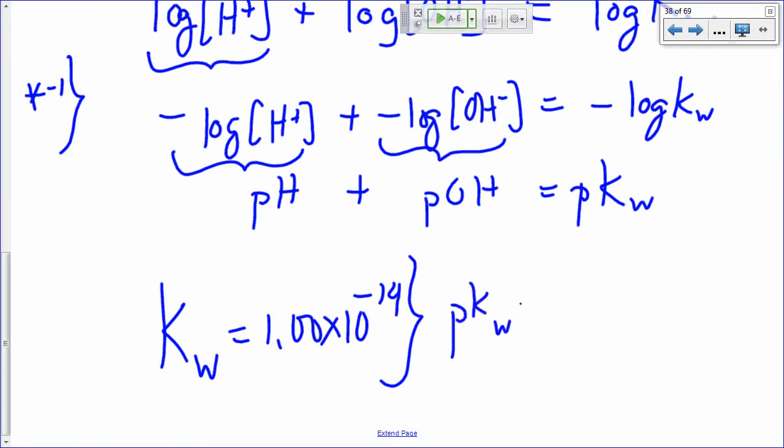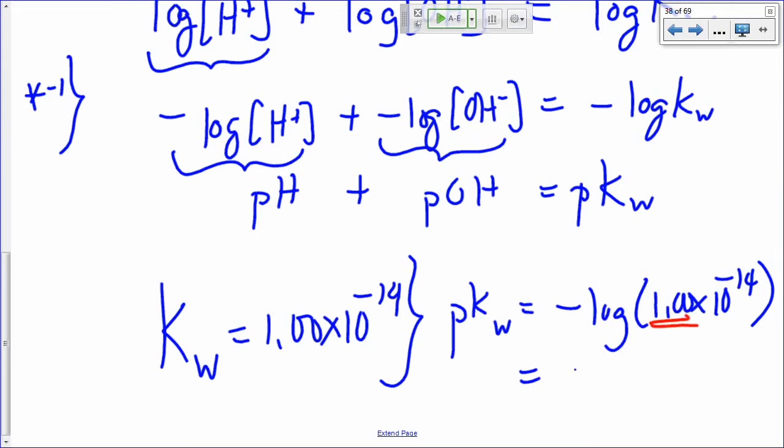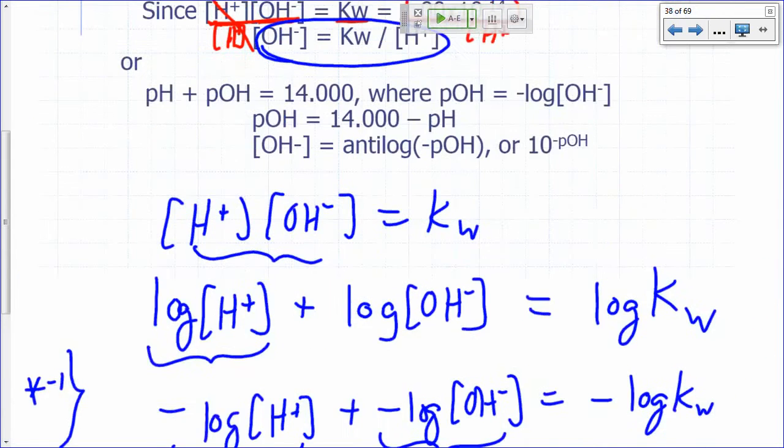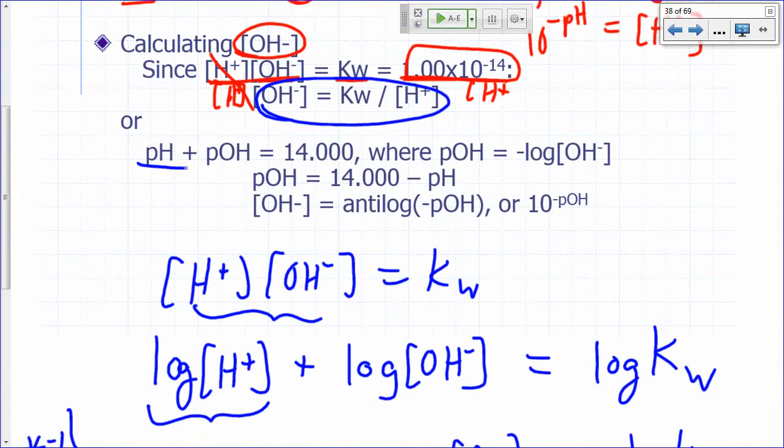So pKw would be the negative log of 1.00 times 10 to the negative 14. Three significant digits, so that's 14 followed by three zeros, three decimals. So 14.000. So pH plus pOH equals pKw, which is 14.000.